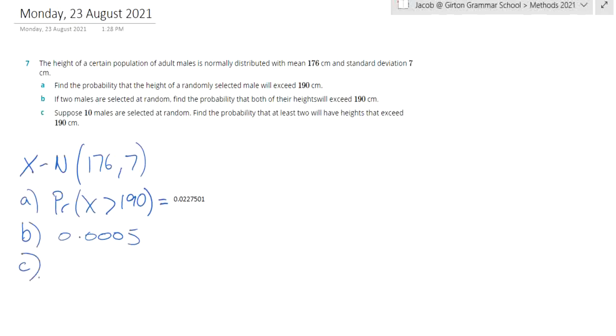And then C, suppose 10 males are selected at random, find the probability that at least 2 will have heights that exceed 190. I'm going to define an event A, which is that a male is taller than 190 centimeters. So now you'll note the event is either that the male is taller than 190 or not taller than 190.